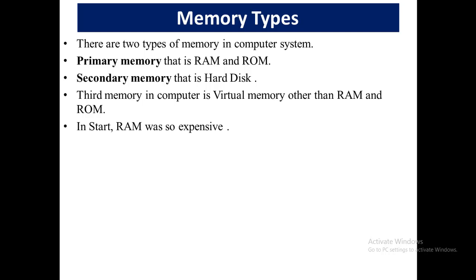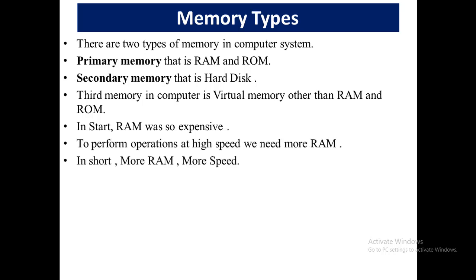In the start, if you remember, RAM was so expensive. If we have to perform high computational operations, high speed processing, complex calculations, then we need more RAM. But RAM was so expensive.